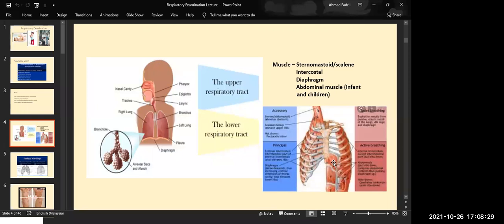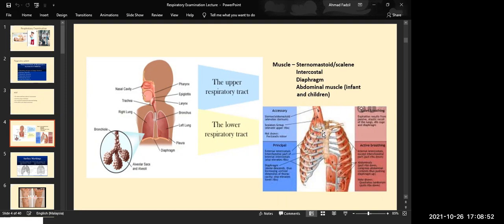This is the main respiratory muscle, and then the accessory muscles are the sternomastoid, the scalene group of muscles, and the pectoralis major.